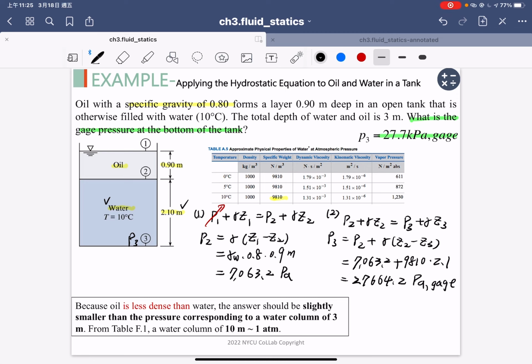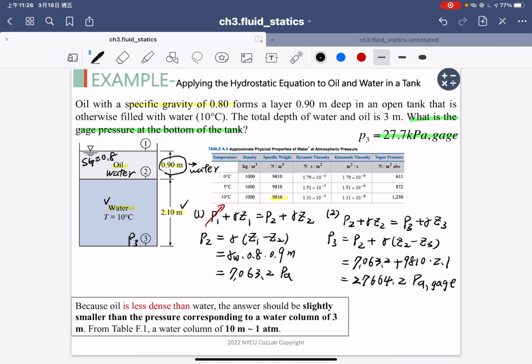So the idea is, because the SG of the oil is smaller than 1, if I replace the oil by water, the P3 answer will increase. Because I replace the 0.9 meter thickness of liquid with water, and the gamma of water is larger than the gamma of oil.